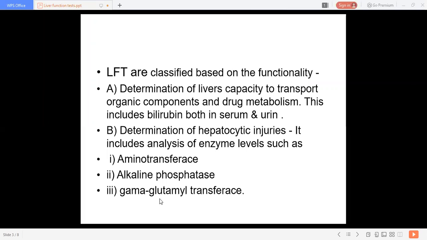But other conditions like pancreatitis, myocardial infarction, and diabetes mellitus cause a rise in only the GGT levels, gamma glutamyl transferase levels.